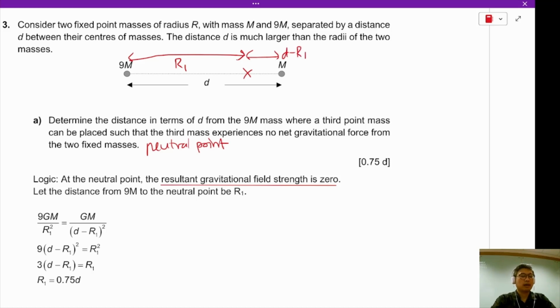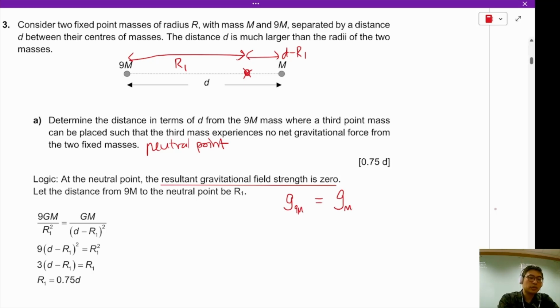So let's find out how to balance the gravitational force on the third mass. We're going to let the gravitational field strength be 0. That means the gravitational field strength of the 9m mass will be equal to the gravitational field strength of the single m mass.